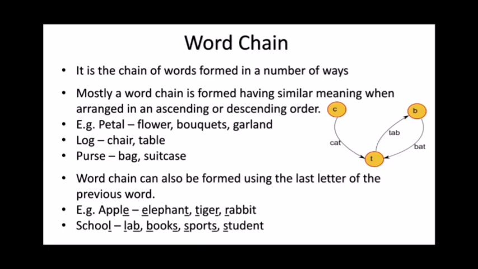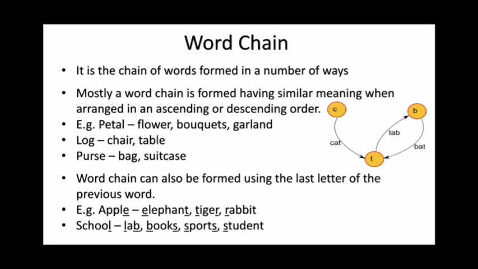The second way in which you can form a word chain is by using the last letter of the previous word. But in this also it should be related to the word. For example, apple. So the last letter is E and it should be related to apple. So here we have E, so the first letter should begin with E. So here we have elephant.